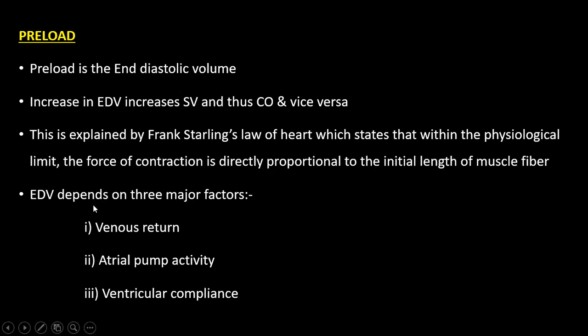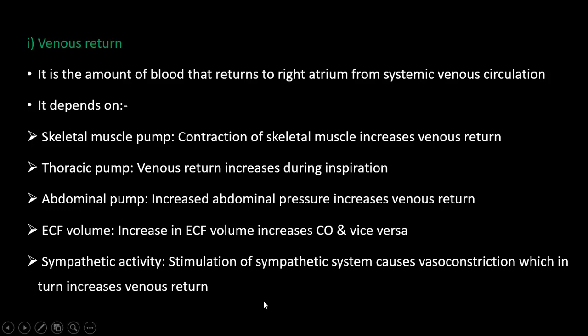Now this end diastolic volume in turn depends on three major factors: venous return, atrial pump activity, and ventricular compliance. The first one under discussion is venous return. Venous return is the amount of blood that returns to the right atrium from the systemic venous circulation.